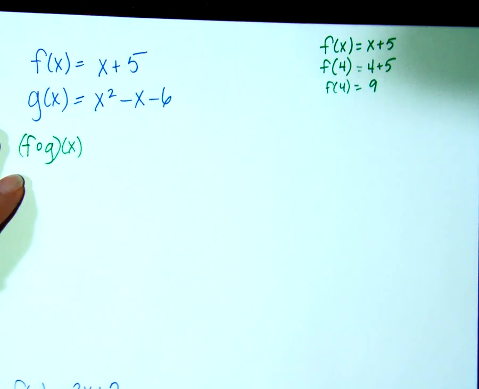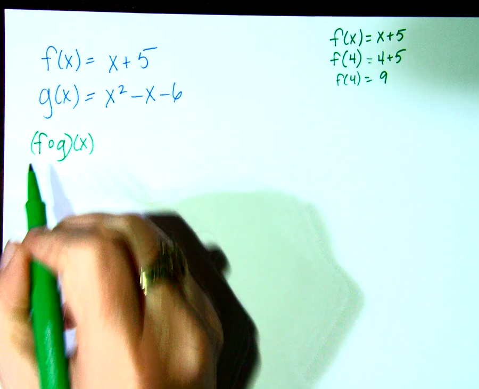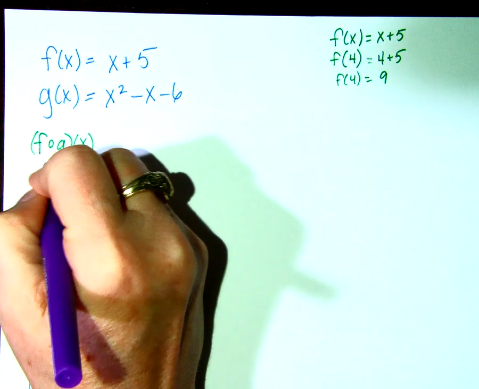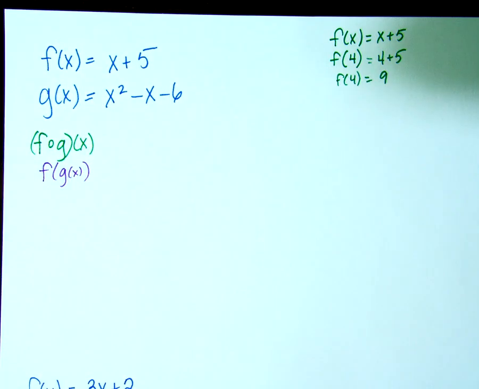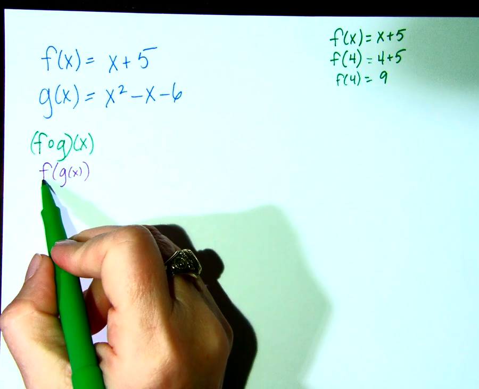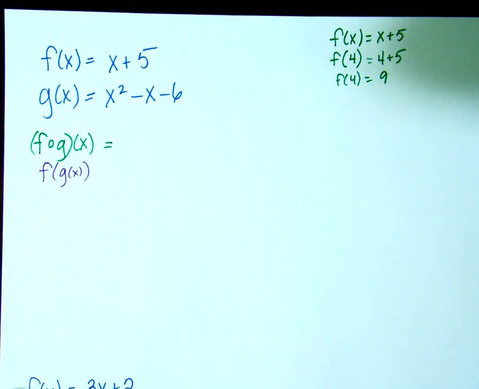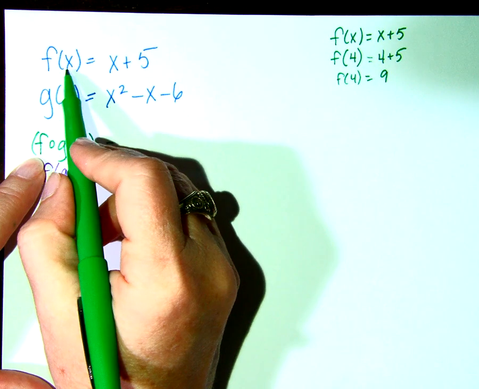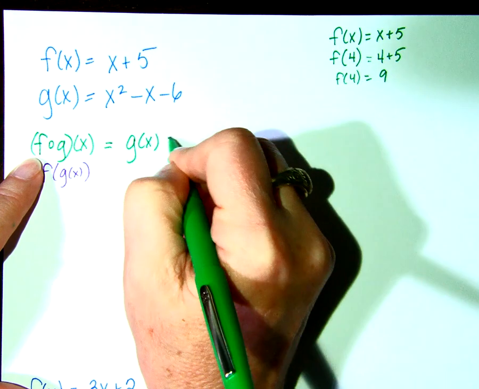So what do you think I want you to do if I ask for f of g of x? Another way that this can be written is f of g of x. What do you think I want you to do in f? Put in g of x. Okay, so I start writing f, but anytime I get to an x, I write a g of x.